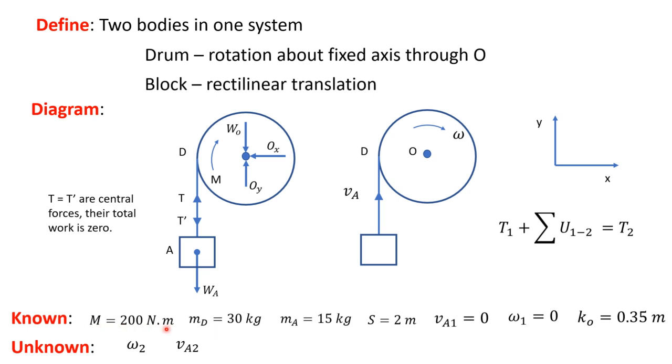So the knowns are the mass of the block, the moment, and the distance it is being raised. VA1 is 0, omega1 is 0, and kO is 0.35. We need to find omega2 and VA2.